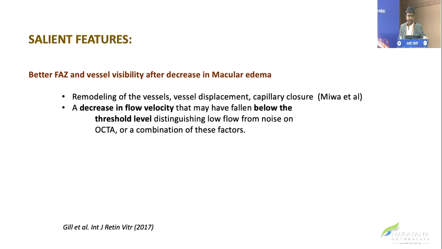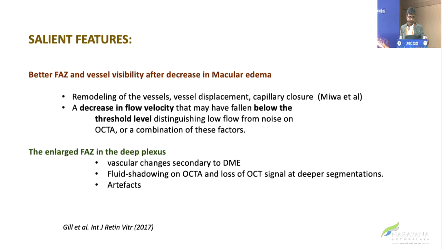Coming to the salient features, OCTA has shown that in DME, FAZ and vessel visibility kind of get better once the macular edema comes down. So the remodeling of the vessels and vessel displacement should all be kept in mind. The enlarged FAZ in deep capillary plexus is basically because of changes in the diabetic macular edema.